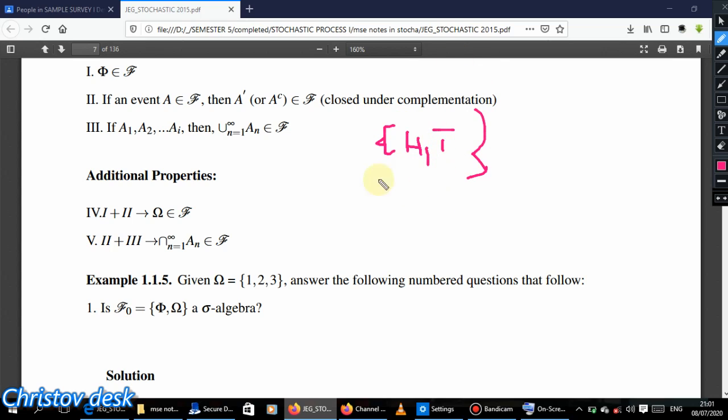The possible events are that I can get the empty set, I can get a head, I can get a tail, or I can get the set itself, head and tail.